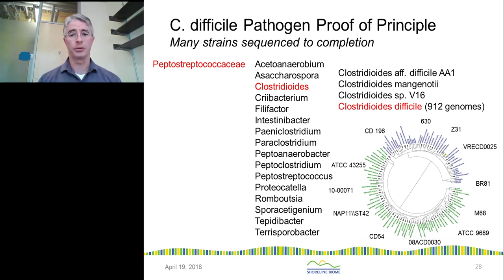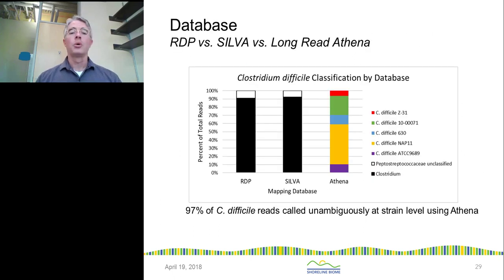So when we take a sample that contains C. difficile, we should be able to sort out which strains of C. diff are in that sample. And that's what I'm going to show you in the next slide. So for each of these three different databases we map to, the ribosomal protein database, Silva, and Athena, which is the Shoreline Biome database, we essentially took the same data sets with the C. difficile reads, and we mapped them against these databases to see what it would produce.